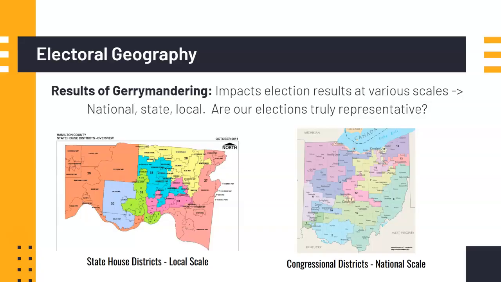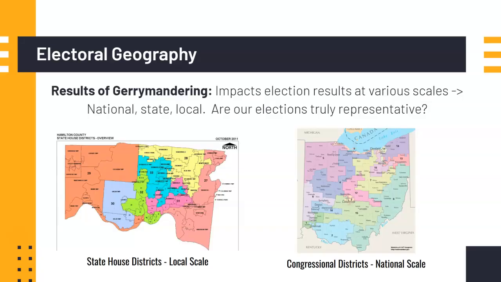By redrawing district lines to favor a particular political party, one party can secure a disproportionate number of seats in the House of Representatives, even if they don't win the majority of the votes nationwide. This can result in skewed representation in the federal government, where the party that controls the redistricting process may hold power without actually having the support of the majority of voters.